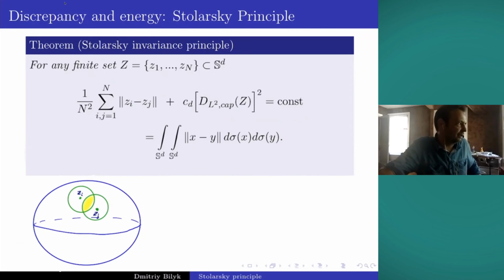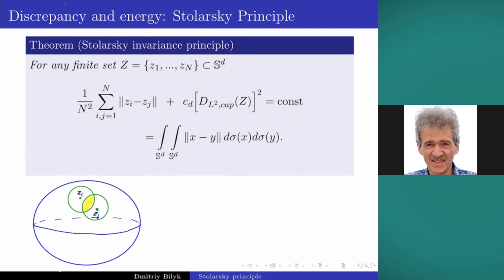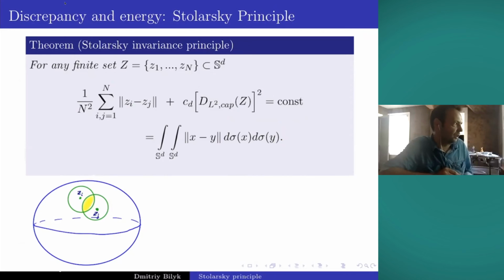Essentially, as long as you have some metric between the measures, you can use the distance between the measures as the quantification of equidistribution. And for some of these metrics, you can also prove either inequalities or sometimes even equalities similar to the Stolarsky invariance principle.